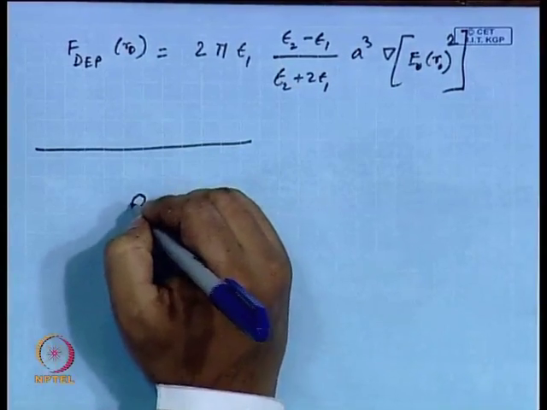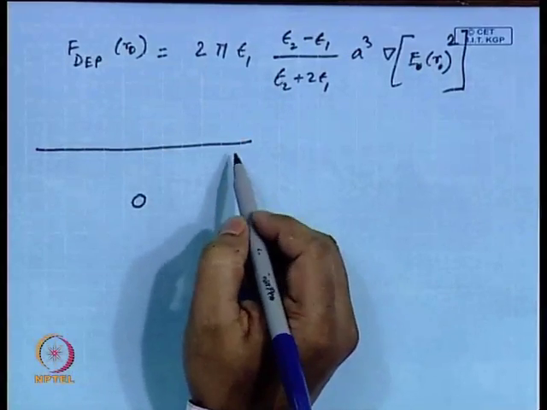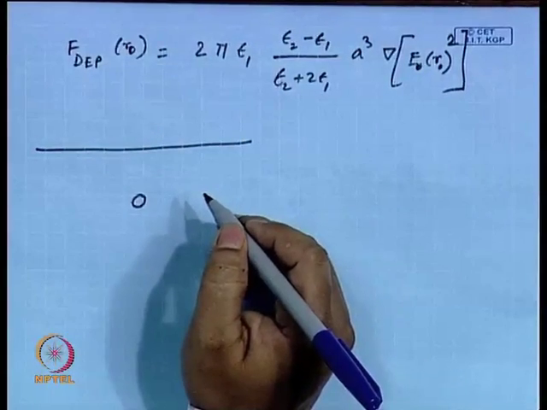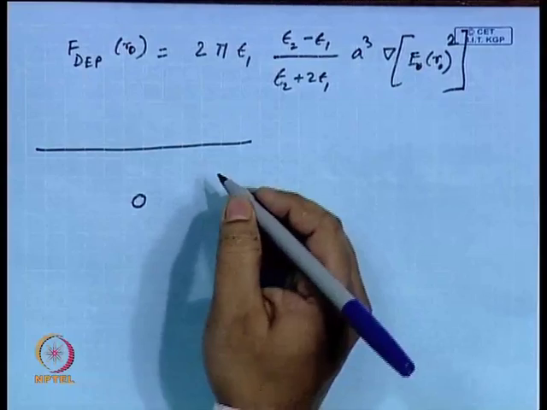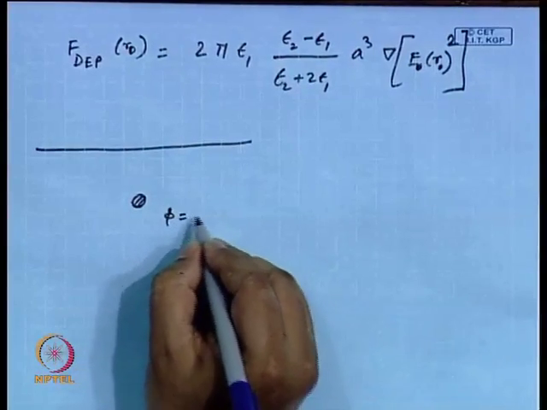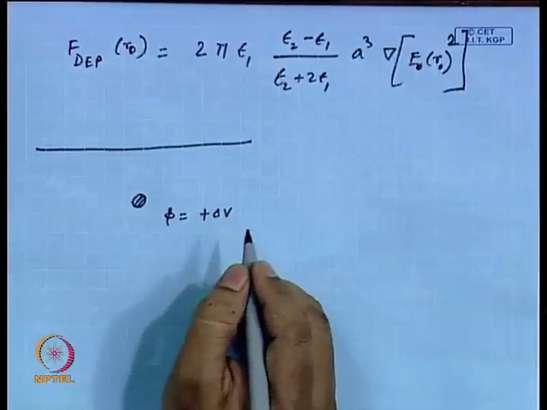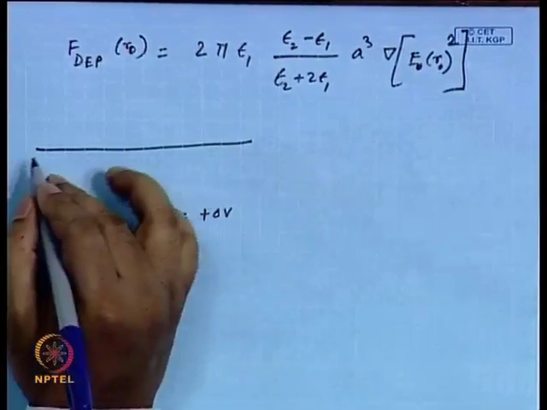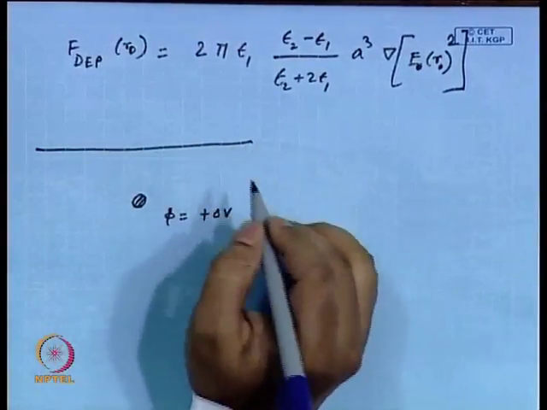This is simulated by considering, so here phi is equal to plus delta v, and here phi is equal to 0.